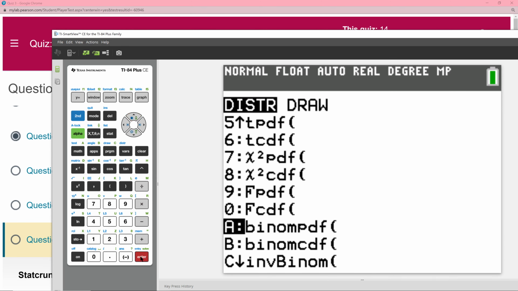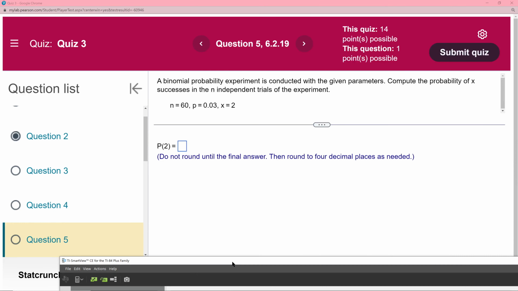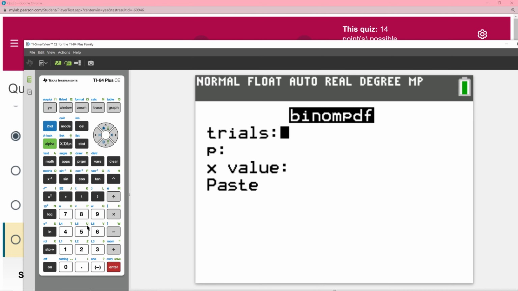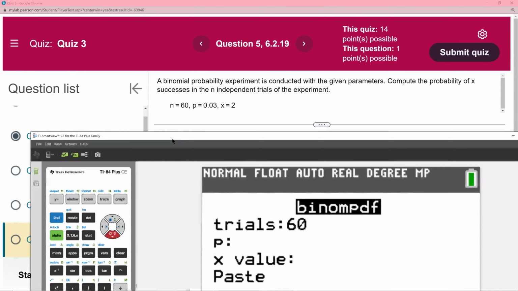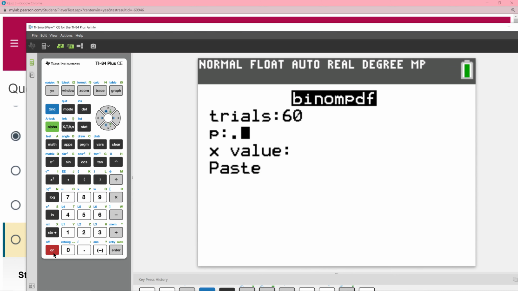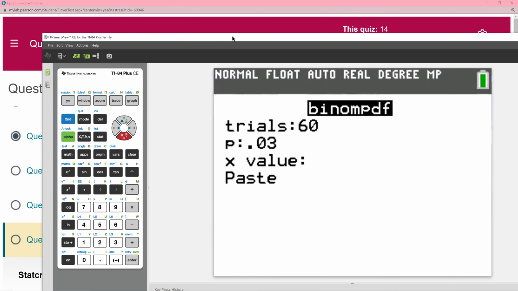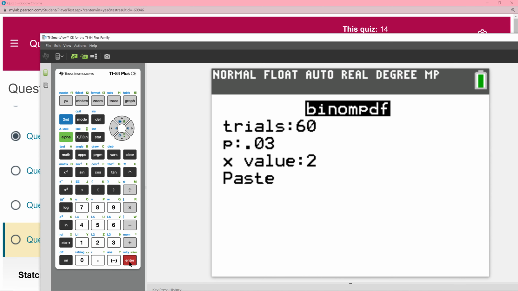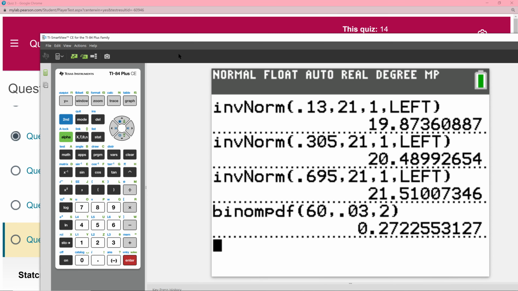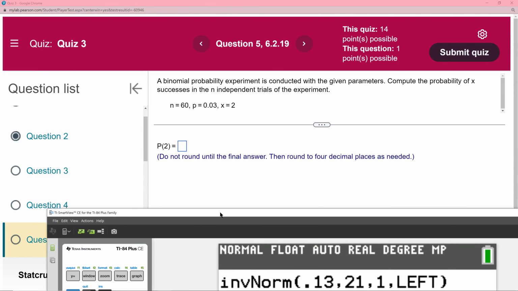They gave us the exact value. Trials is 60. Probability is 30%, or 0.3. And the X value is 2. So we're getting 27.23.